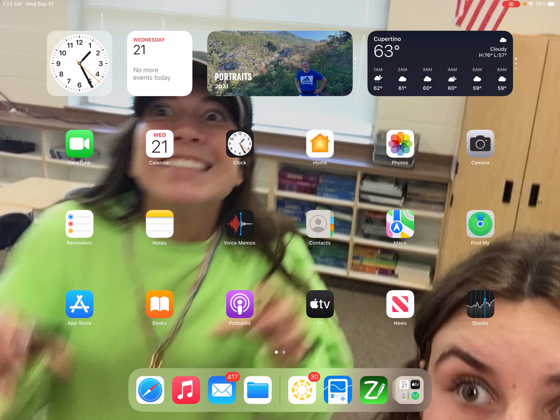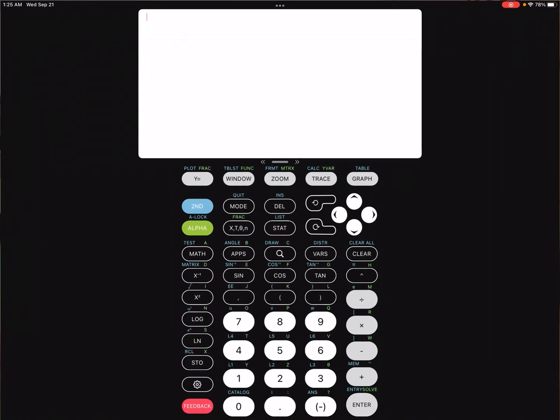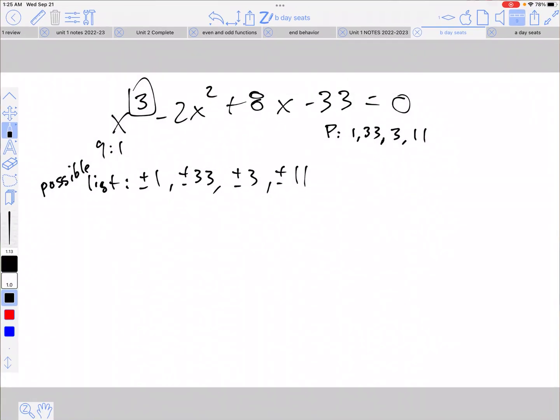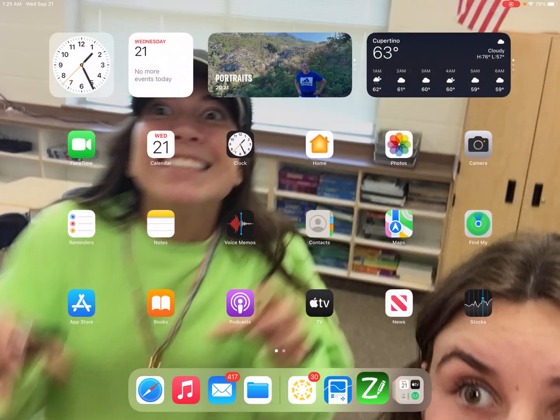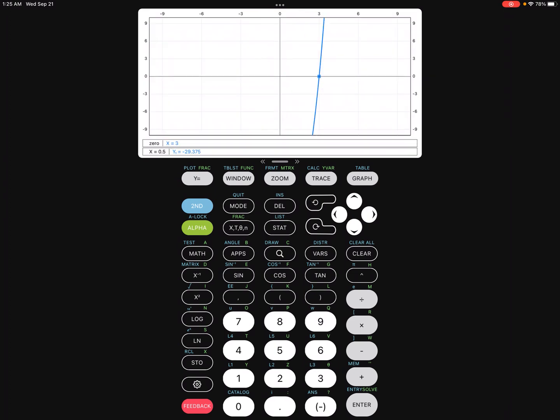And shoot, I just forgot what it is. All right, so I have x cubed minus 2x squared plus 8x minus 33. And I hit graph. Oh, man.